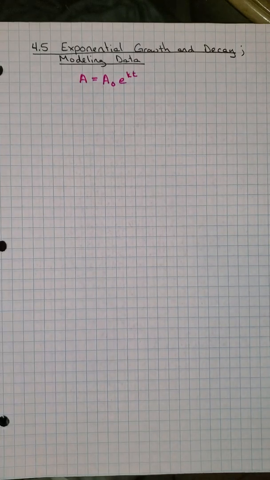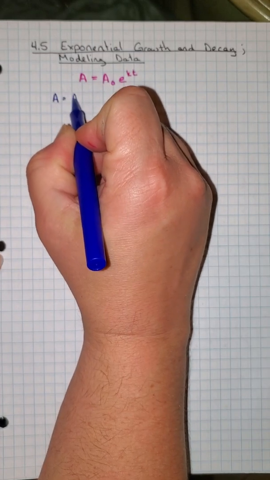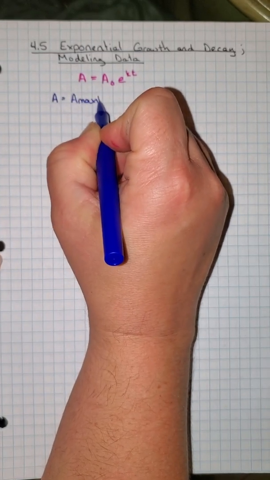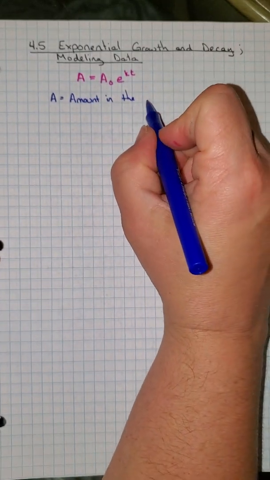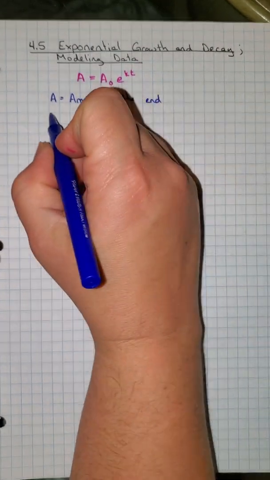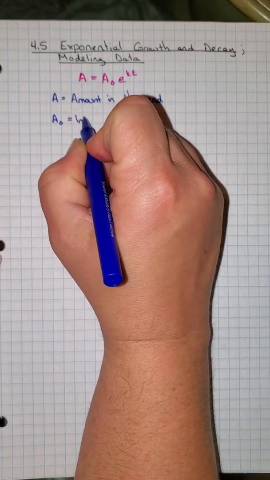A would be your amount in the end. And A sub 0 would be your initial amount, or the amount in the beginning.